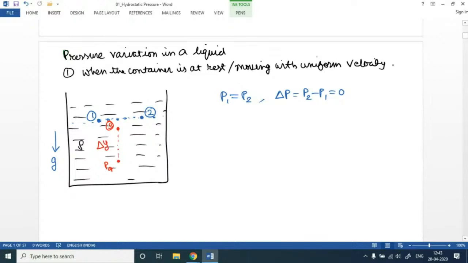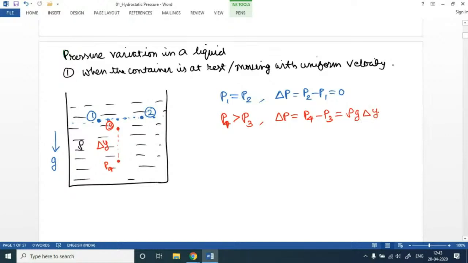First of all, P4 will not be equal to P3, and P4 will be greater than P3, since the pressure increases in the direction of g. So the pressure difference P4 minus P3 is equal to rho g delta y.